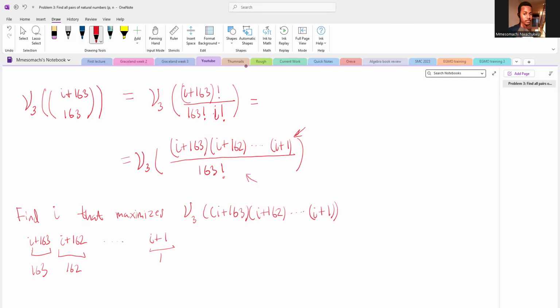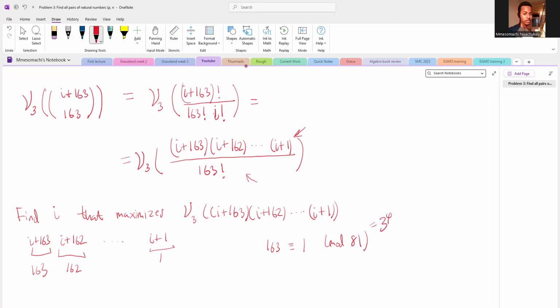Now, for us to maximize the power of 3 that appears here, we know that 163 is congruent to 1 mod 81. So we can look at maximizing the number of multiples of 81. 81 is 3 to the power of 4.